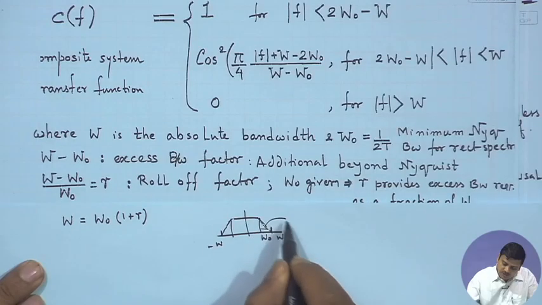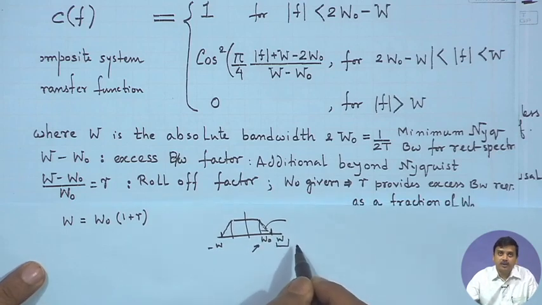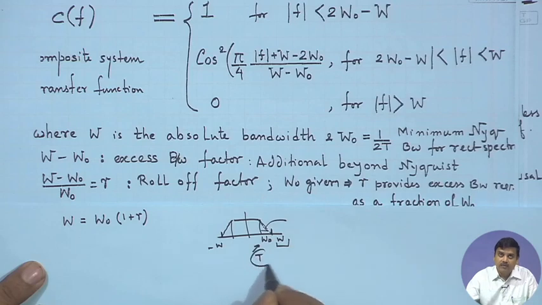So, if we can design a better filter with tails which die out faster, we can truncate the tails at a certain point, then in the frequency response we are going to get something like this. So, what is this excess ratio? If we can specify this, we can find the amount of W that is required. All this given a value of symbol duration, that is a symbol rate.